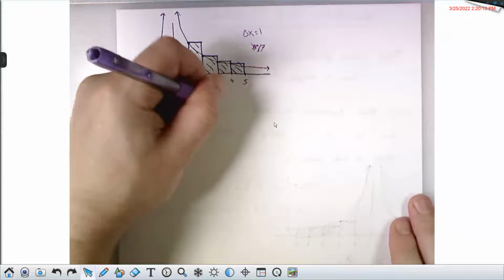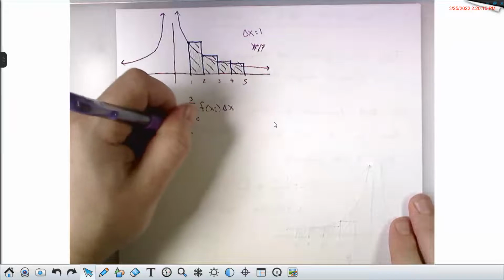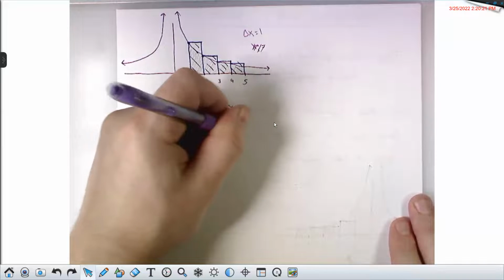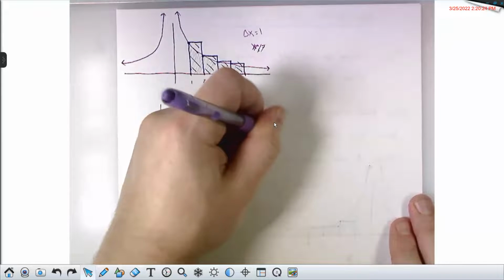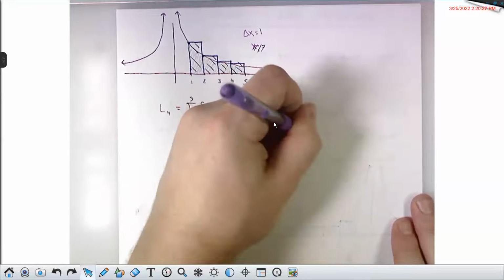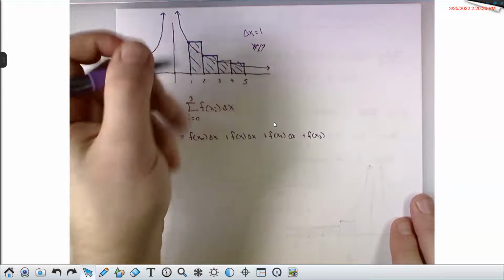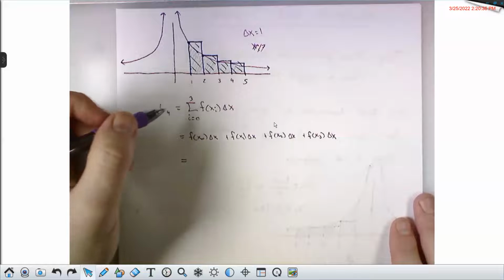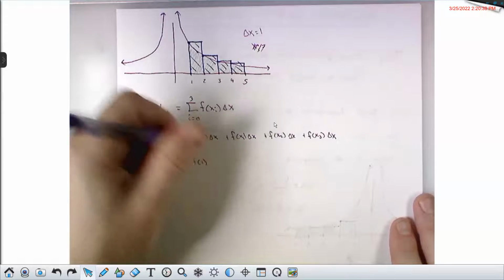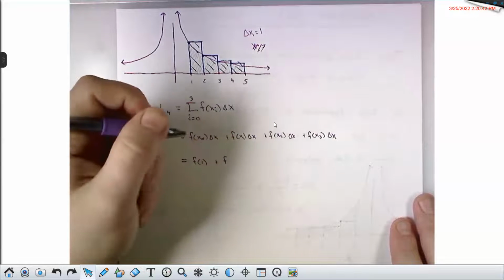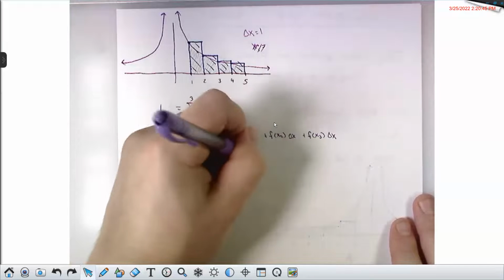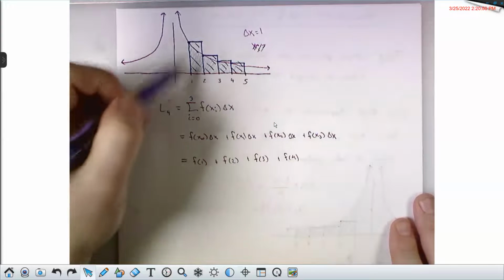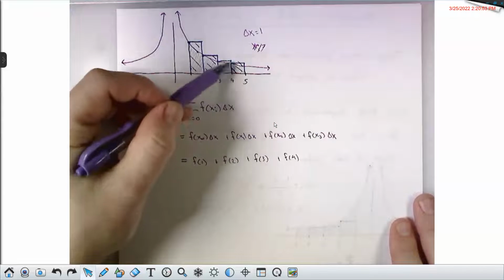F of xi times delta x should be f of x0 times delta x plus f of x1 times delta x plus f of x2 times delta x, f of x3 times delta x. X0 is 1, so this is f of 1, and delta x was 1. F1 is 2, so this is f of 2, and continuing f of 3 and f of 4, right? Each of these heights is f of 1, f of 2, f of 3, and f of 4.